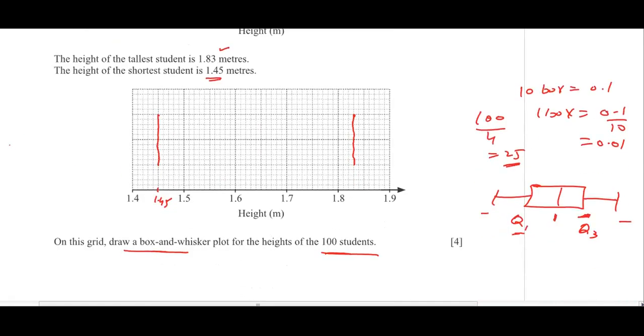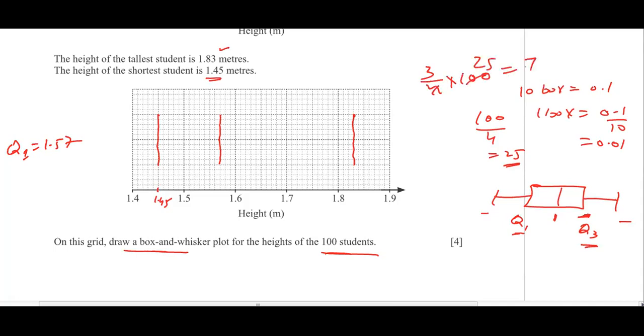So Q1 is 1.57. So 1.57 will be this one, 56, 57. So here, make that one as your Q1, the lower quartile. The upper quartile will be 3/4 of the total values.